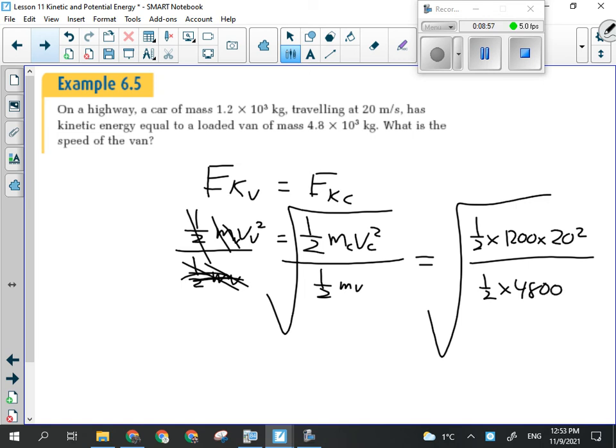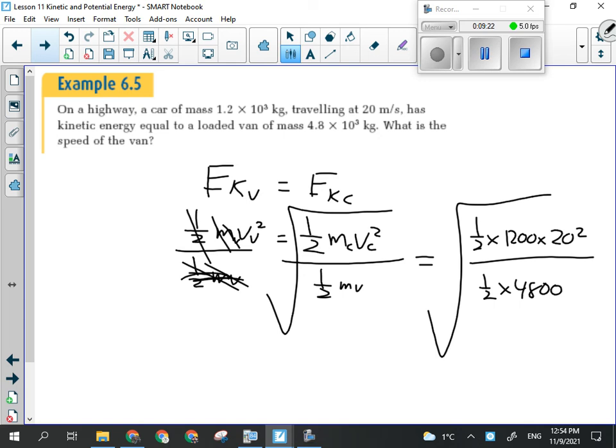Now, what would common sense say the speed of the van is before I calculate it? It has 4 times the mass, so it must be going faster or slower. Is the van going faster or slower than the car? If the van is heavier, slower. Remember, mass affects your kinetic energy as well.